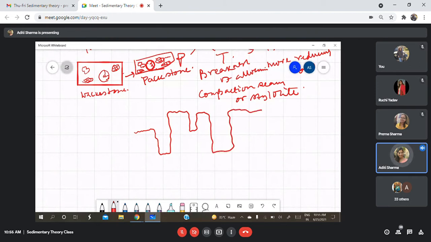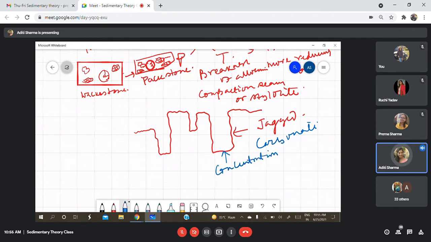Stylolite is a jagged surface found in carbonate, which is marked by concentration of insoluble clay.